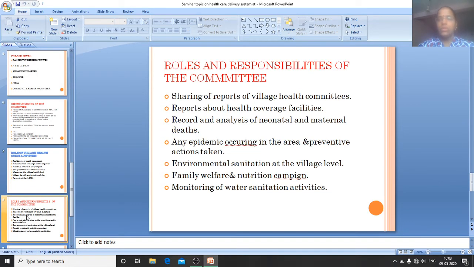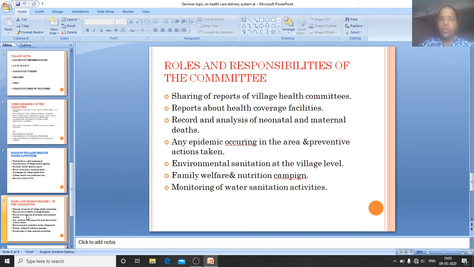Next, what are the roles and responsibilities of this committee? Sharing of the reports of village health committees, reports about health coverage facilities, and record and analysis of neonatal and maternal deaths, which is very important. If any maternal or neonatal death occurs, they have to report to higher officials. Any epidemic occurring in the area and the preventive action taken.